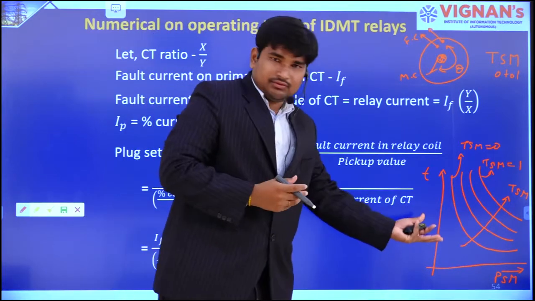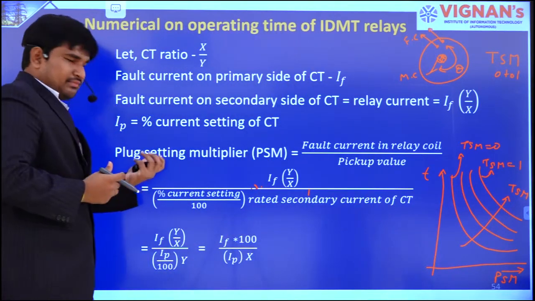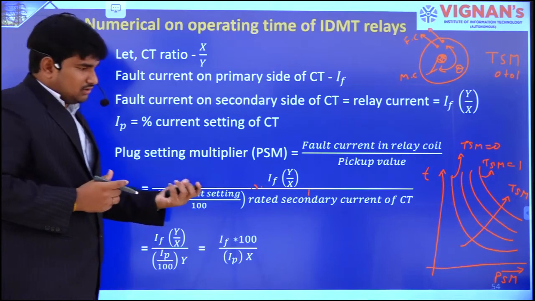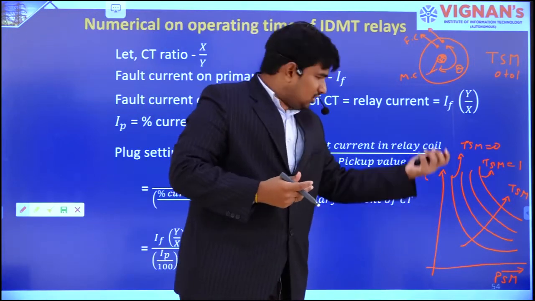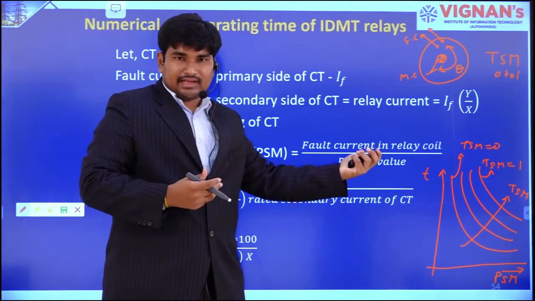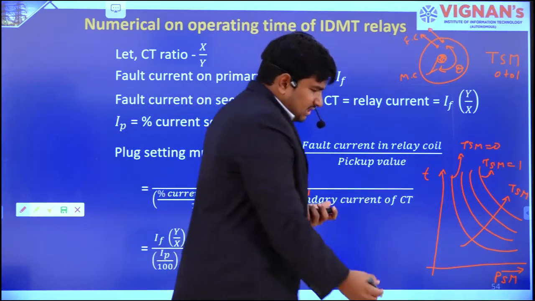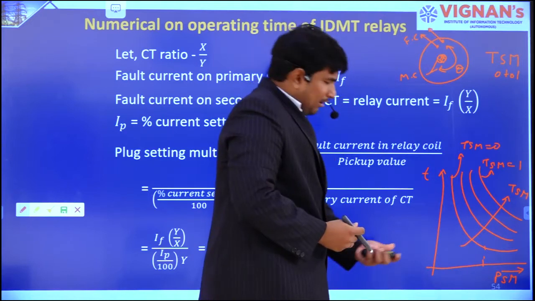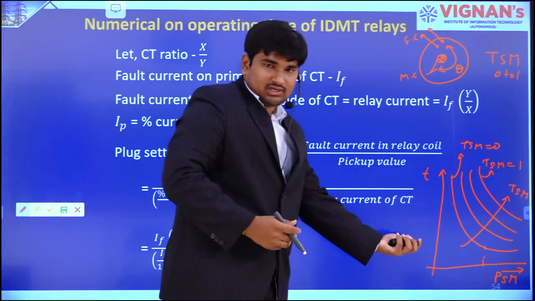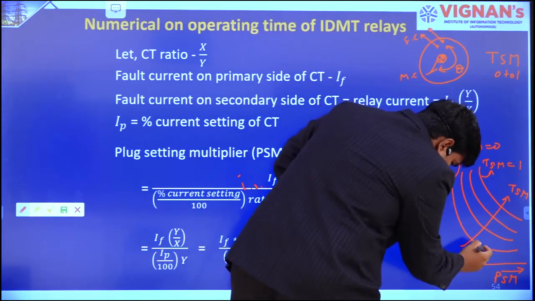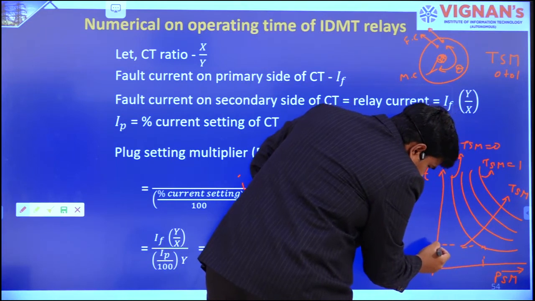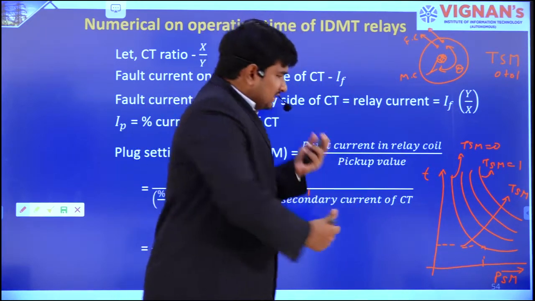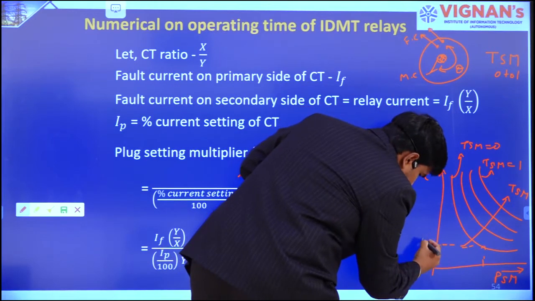Now with the help of PSM, the plug setting multiplier, I can find the operating time. Let this be the PSM value. By observing the graph, I can find the relay operating time, let it be T1.